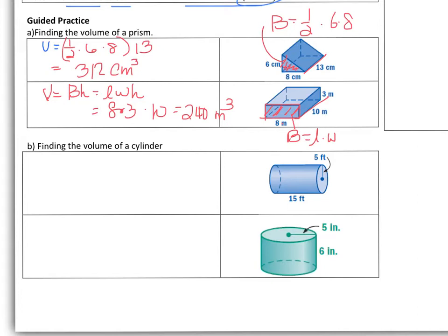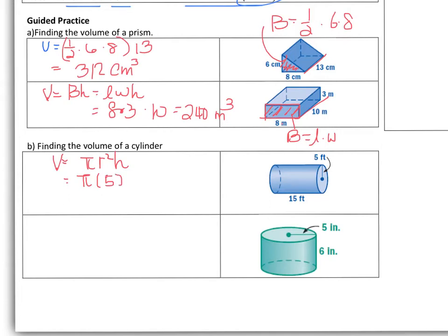Okay, to find the volume of the cylinder, I will show you how to leave your answer in terms of pi and using pi equals 3.14. So volume equals base times height, so the base would just be pi r squared times h. Pi, just keep it as pi for now, and then the radius is 5.